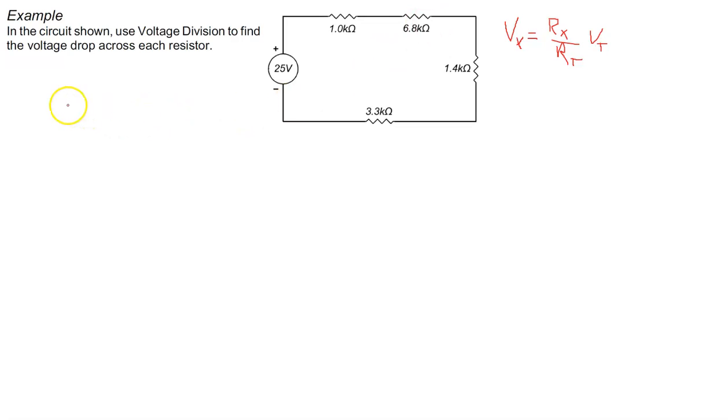Okay, so what that means is that we need to start off by finding RT. And so we know that RT is equal to R1 plus R2 plus R3 plus R4.